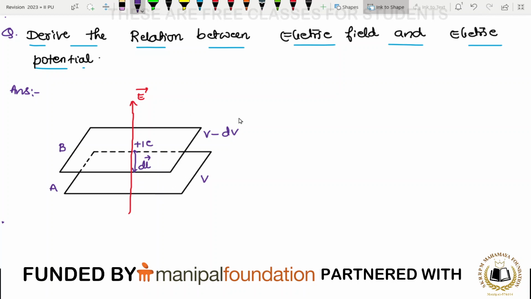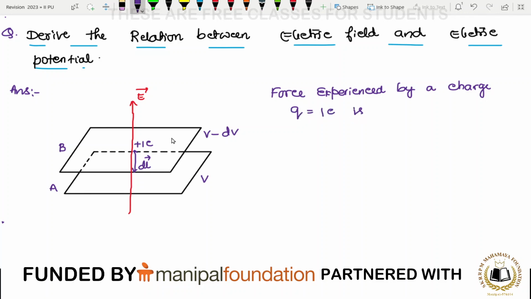Okay, we derive this now. So I have two surfaces A and B, both equipotential surfaces. The potential on surface B is V minus dV and the potential on surface A is V. Next I'll write the force experienced by a charge Q, where Q equals 1 coulomb.